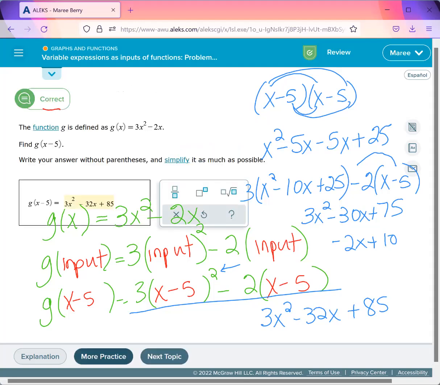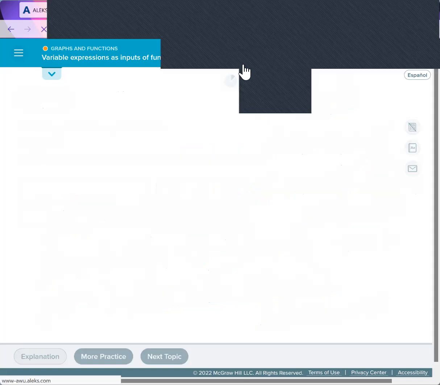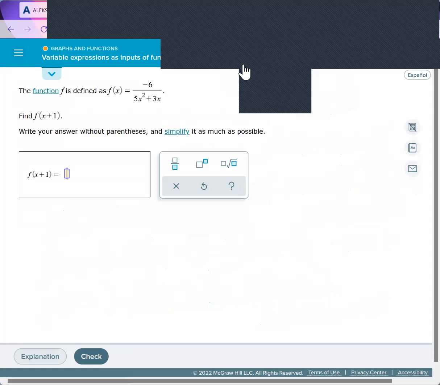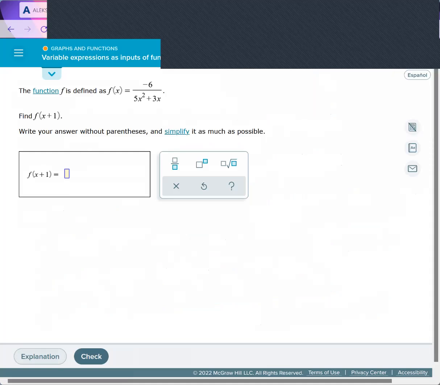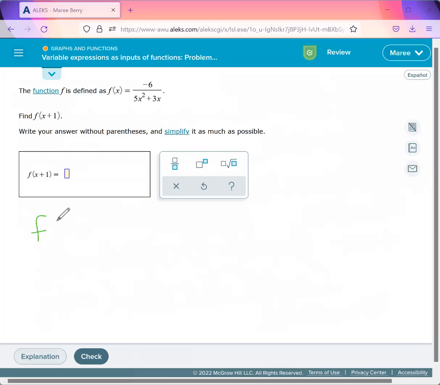And let's do one more problem here. Okay, so here's our function. We want to find f of our input, equals negative 6 divided by 5 times x squared plus 3x.